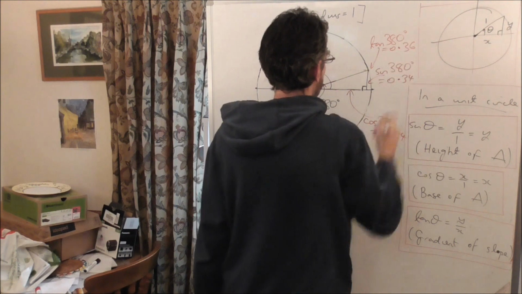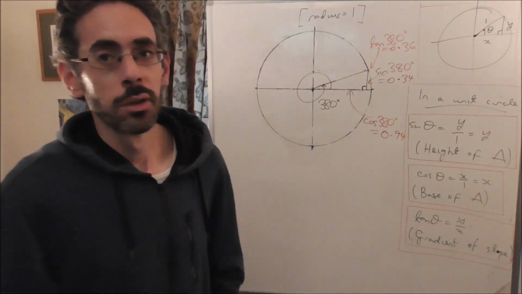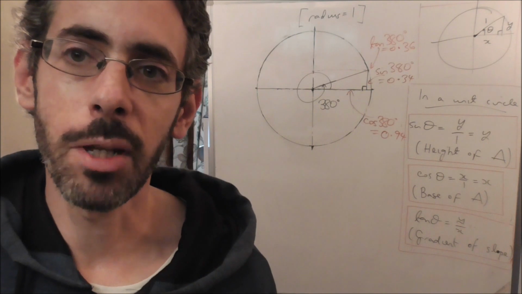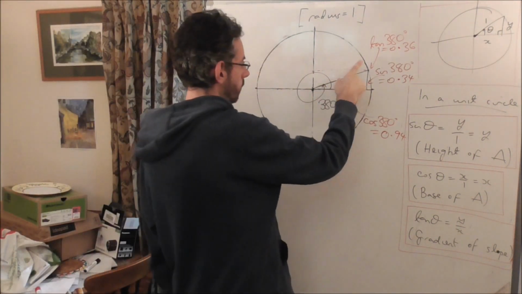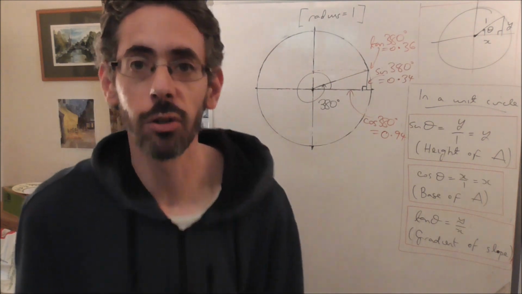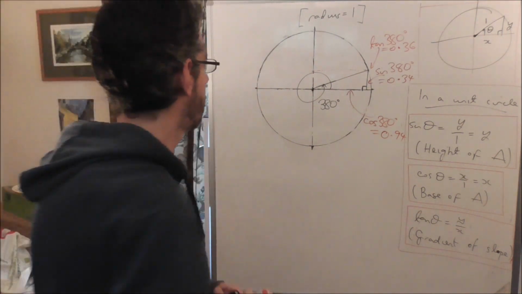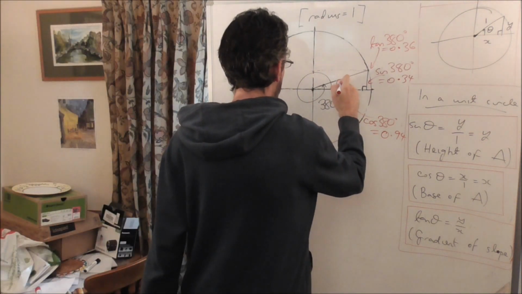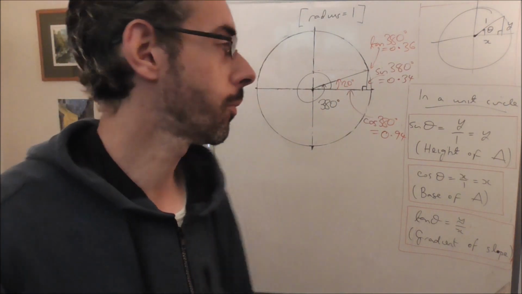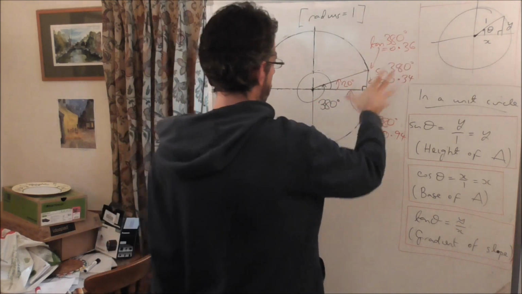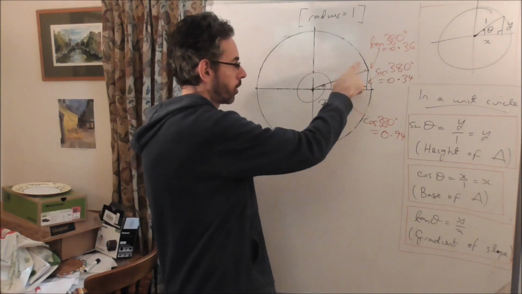I should just mention, because you might be thinking, couldn't we have used this triangle to estimate sine, cos and tan of 20 degrees? And yes, you can, because this angle is 20 degrees. So sine, cos and tan of 20 degrees would be exactly the same as sine, cos and tan of 380 degrees, because it's exactly the same triangle.